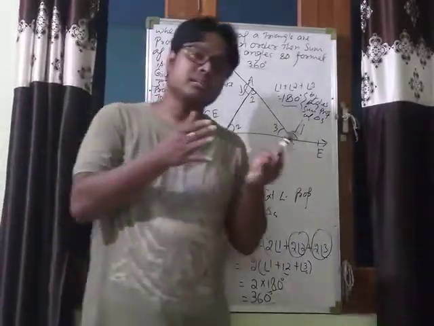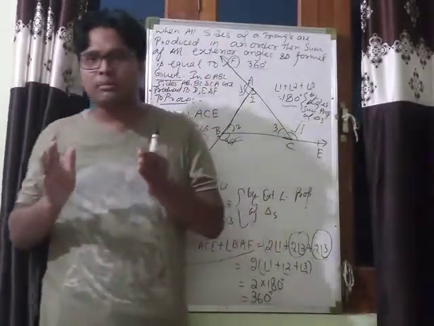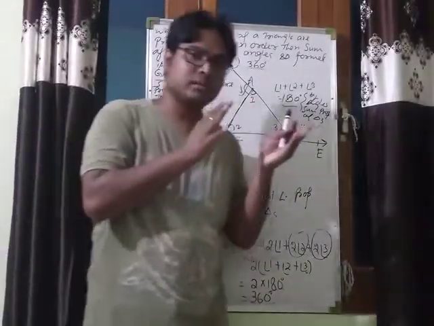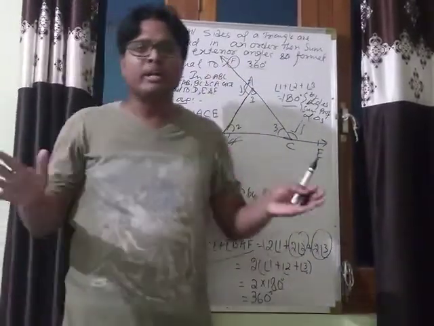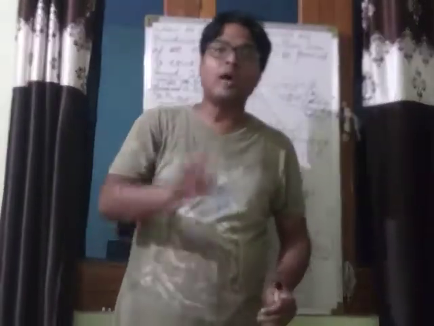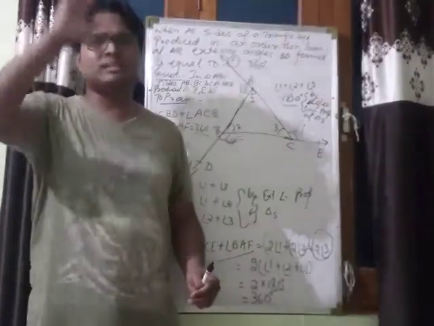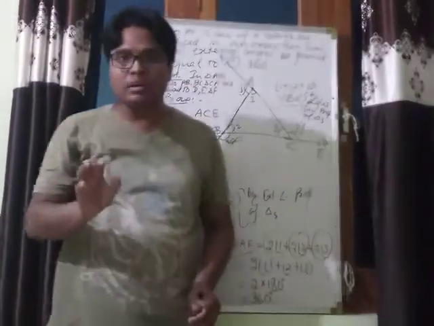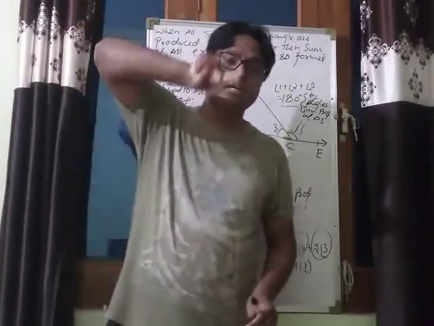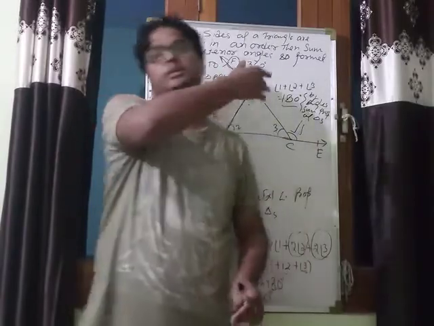This holds for a quadrilateral, a pentagon, a hexagon, a heptagon, a nonagon, a decagon. No matter if there is a polygon having 1 lakh sides, when its sides are produced in an order, exterior angles form. This is a triangle.